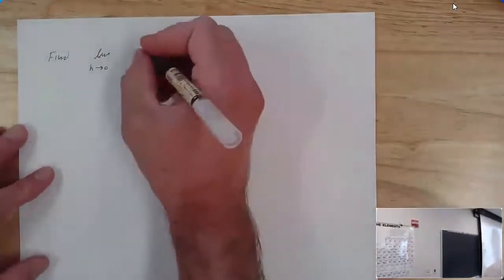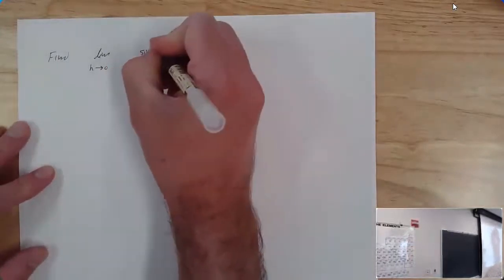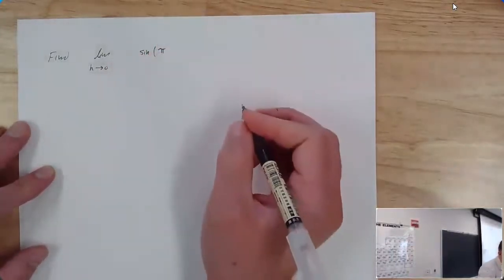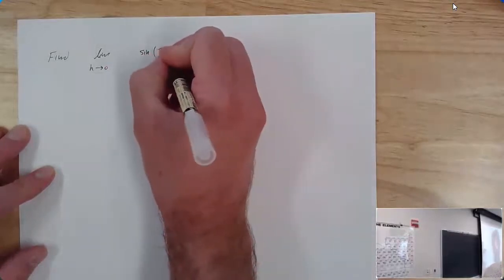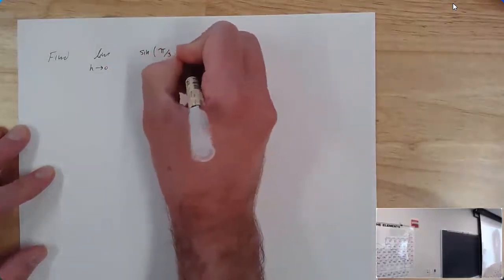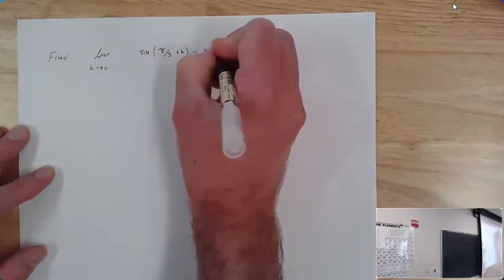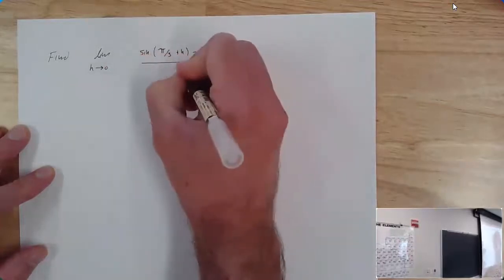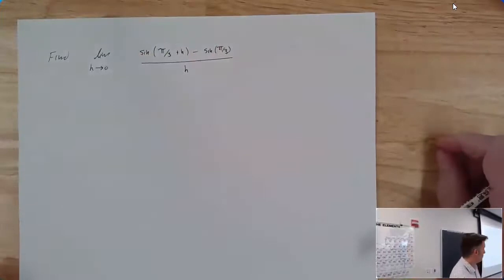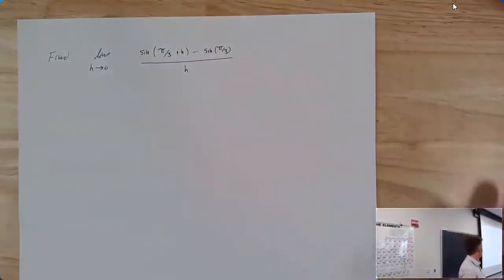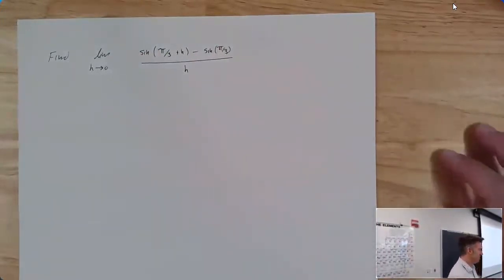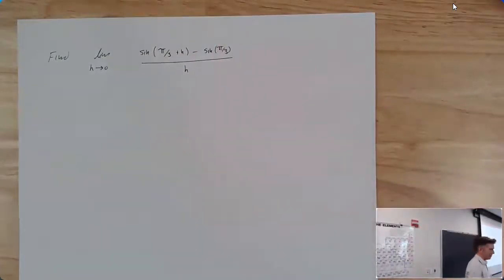Now I have to make something up so that it's not too terrible. Sine of pi over 3 plus h, minus sine of pi over 3, all over h. Now, you could probably maybe find that one. But the point is that this looks like the limit definition of the derivative.